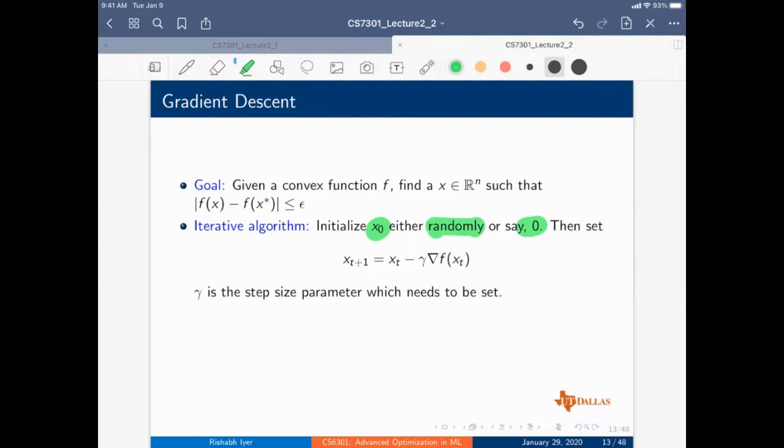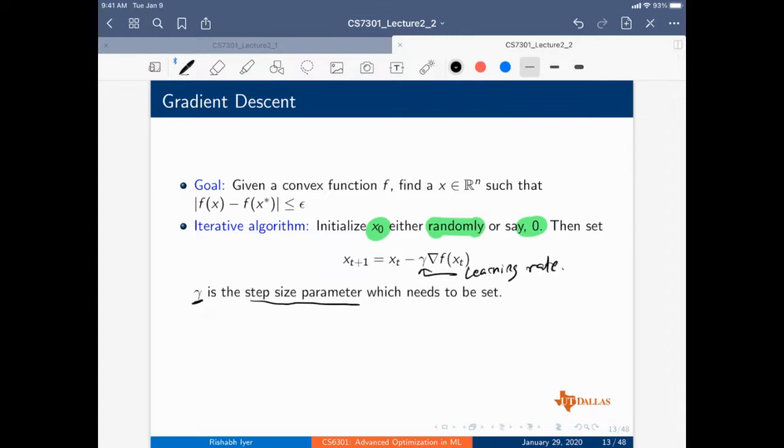do this iterative algorithm as x_{t+1} equals x_t minus this learning rate, or step size, times the gradient. So the gamma here is a step size parameter. This is also called, by the way, the learning rate. And that's it. That's all that gradient descent does.